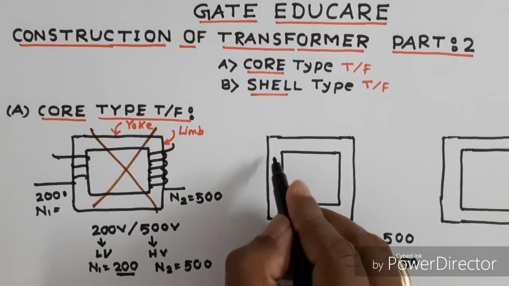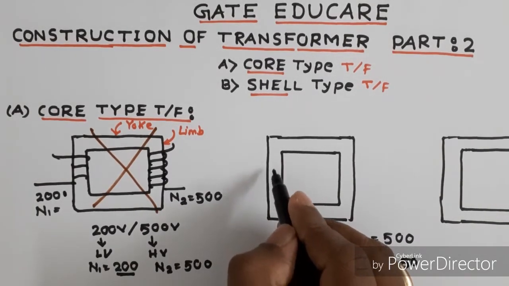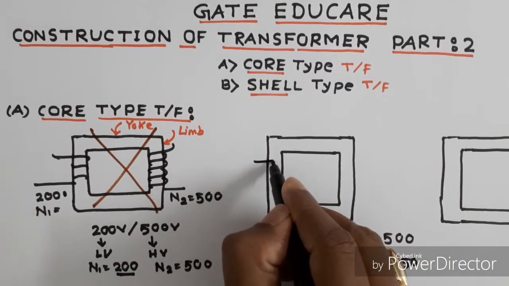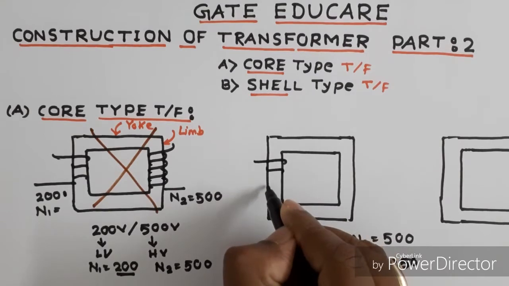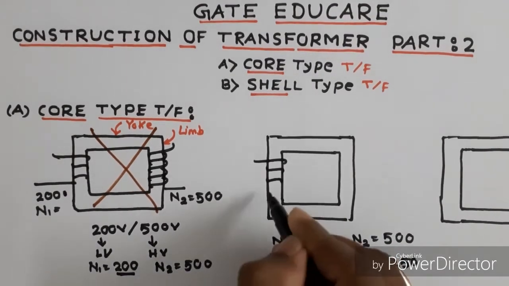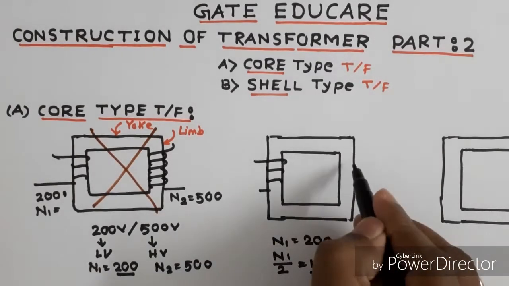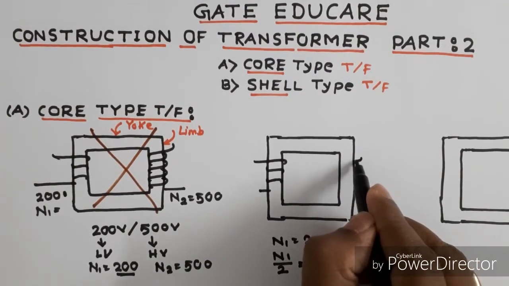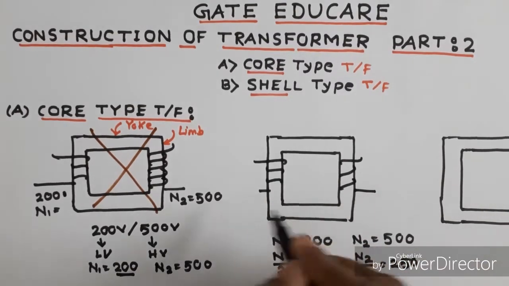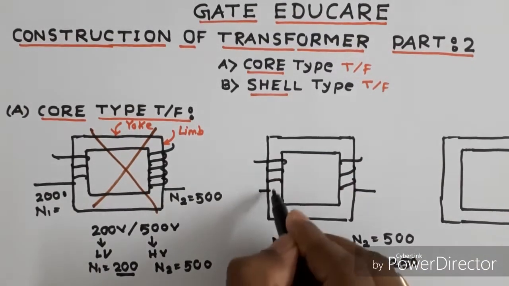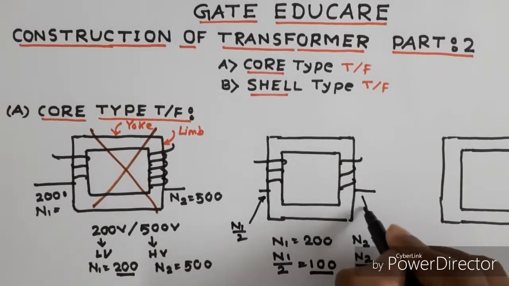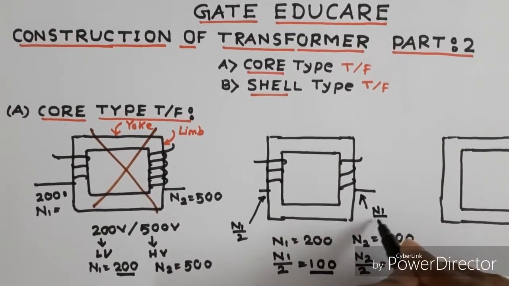So in the left leg, we wound 100 number of turns, and around this leg also there are 100 number of turns. This is N1 by 2, and this is N1 by 2.